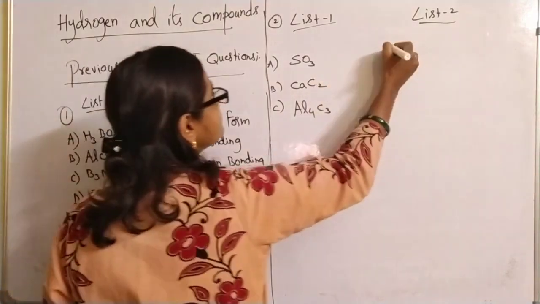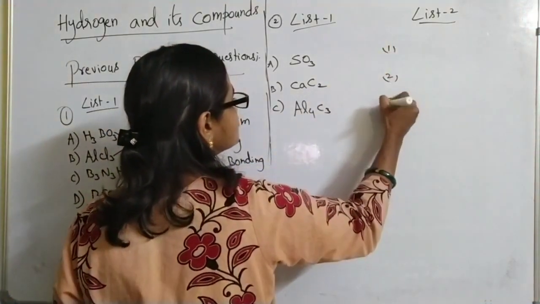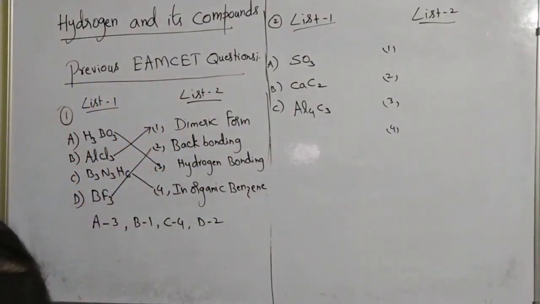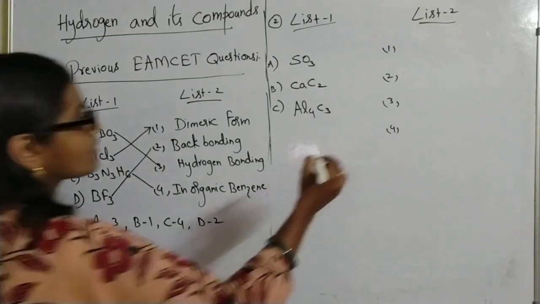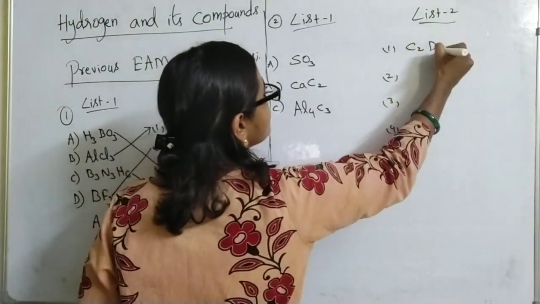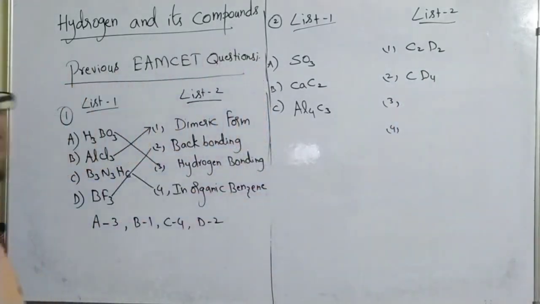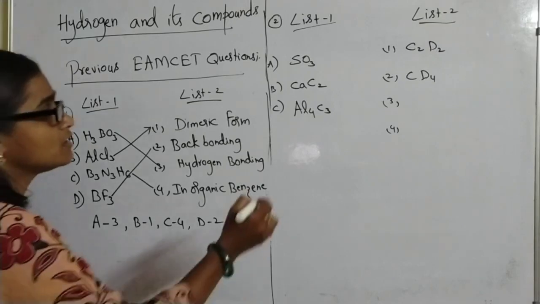And this side 1, 2, okay, 5 also there, D2SO4, C2D2, CD4. Okay, what is that C2D2? It is same like C2H2. C2H2 means acetylene. Now C2D2 means what? Deuteroacetylene.